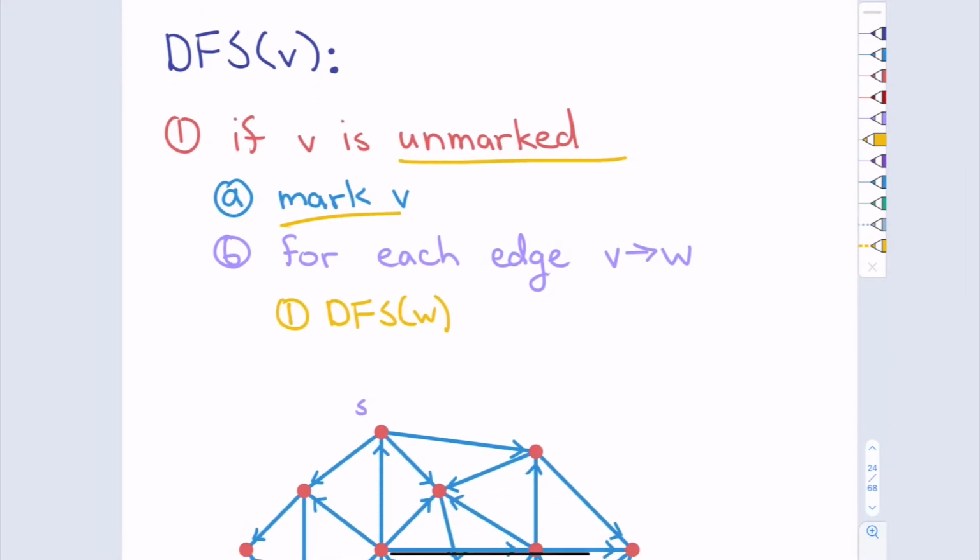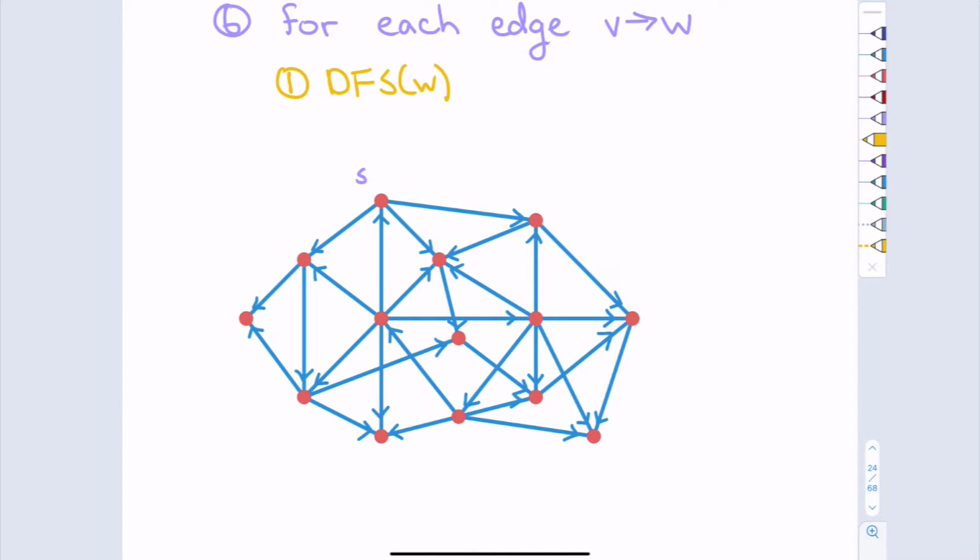So if I ran depth-first search from S, maybe we start here, and then maybe the algorithm would go over here, down here. I should check things off as I visit them. Maybe it'll go here, check that off. This has no outgoing edges, so it's going to back out of the recursive call.